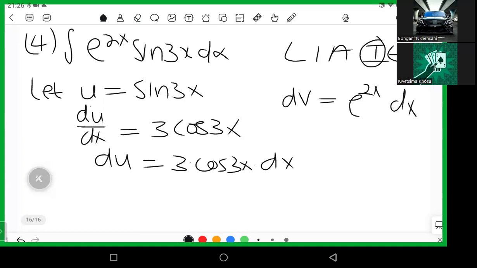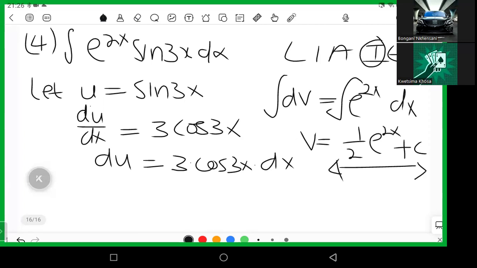Then we integrate. Then we'll have v being equal to 1 over 2 e to the 2x plus c. So that's the integral of e to the 2x.